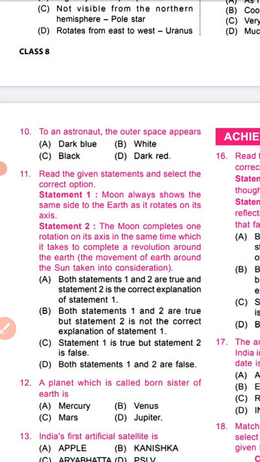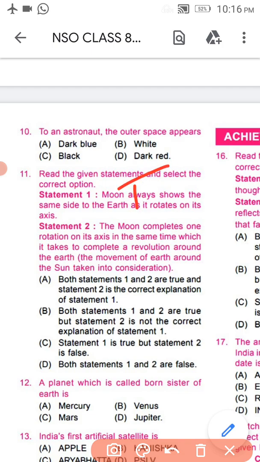Obviously this is correct, you have to understand. So statement 1 is true, statement 2 is also true, and statement 2 is the correct explanation of statement 1. So option number A is the correct option.